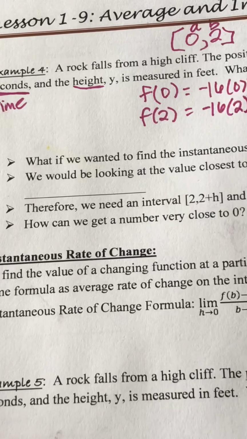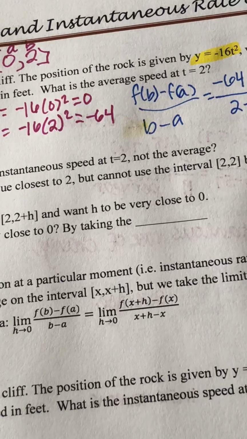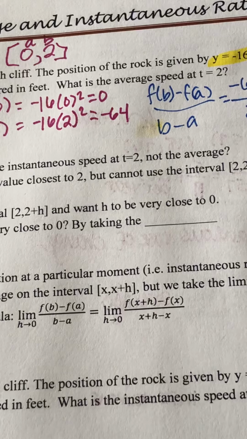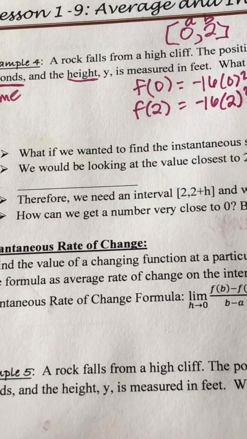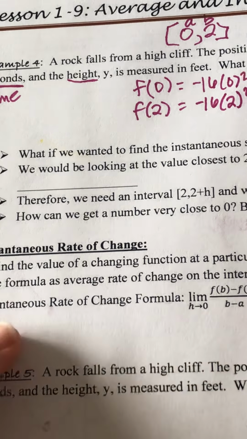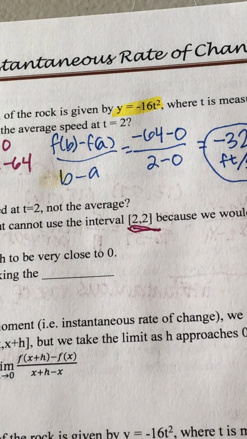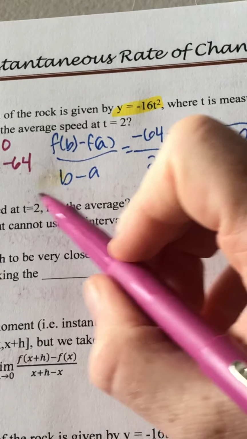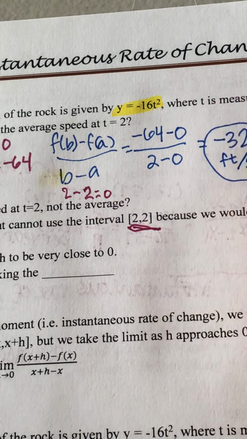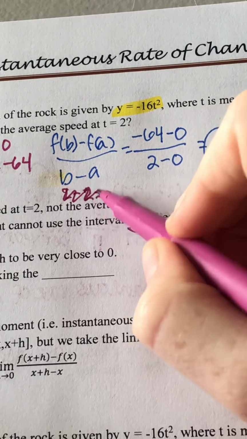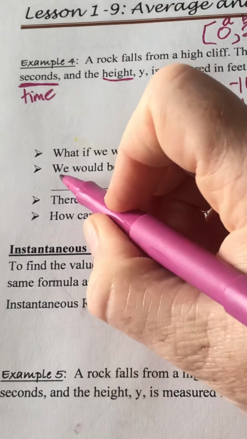But what if we wanted to find the instantaneous speed at t equals 2, not the average? So at 2 seconds, what is the speed of the rock falling? That is an instantaneous value, okay? So we would be looking at the value closest to 2. However, we can't use the interval 2, 2 in our function because we would have 2 minus 2. We'd be dividing by 0, right? So we can't use our average formula.